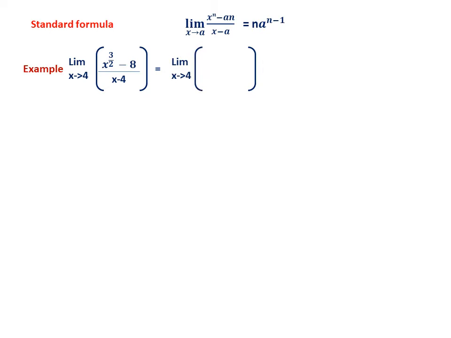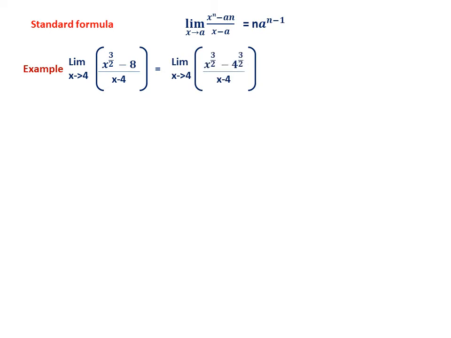Next question, standard formula. Limit of x to the power n minus a to the power n divided by x minus a as x tends to a, that is n into a power n minus 1. This result you know already. Example, say limit of x tending to 4, x power 3 by 2 minus 8 by x minus 4. Of course, first you must know how it is related to the formula.